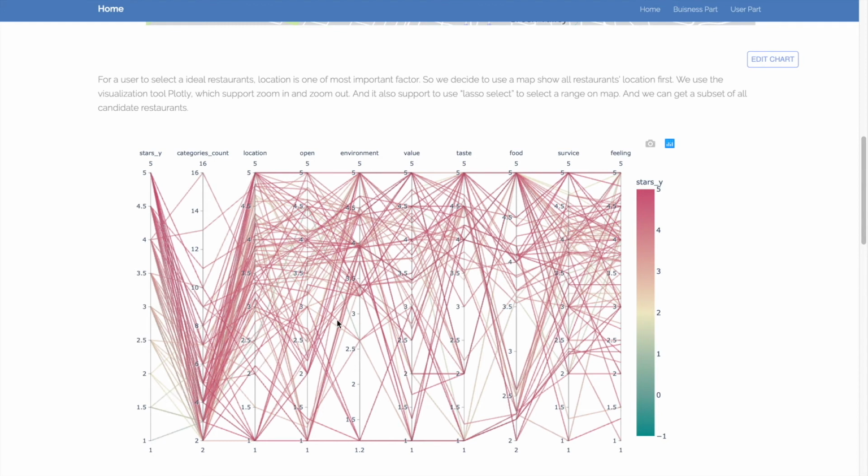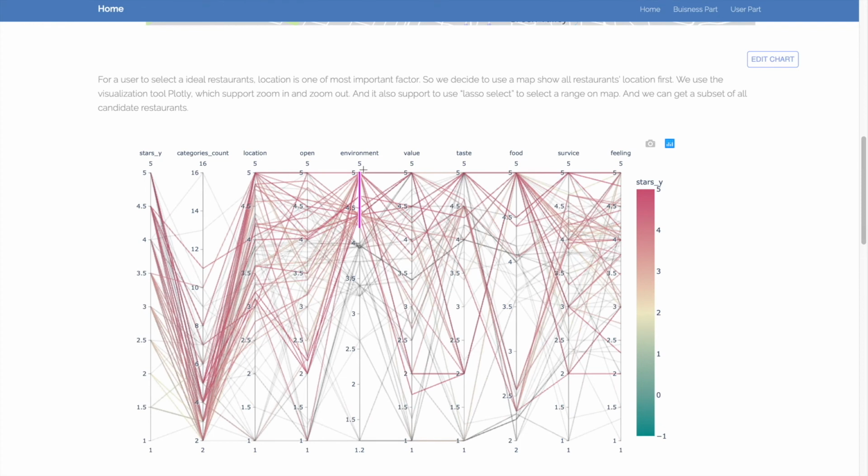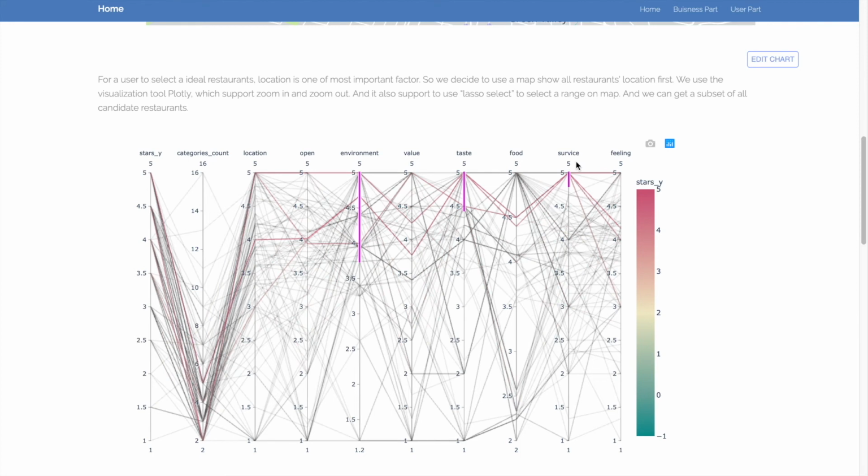For example, I can select only the restaurants in which environment is higher than 4, and the taste is higher than 4.5, and the service is 5 points, and also the feeling is higher than 4. And we can see after filtering, we only have 3 restaurants, and then we can compare them easily.